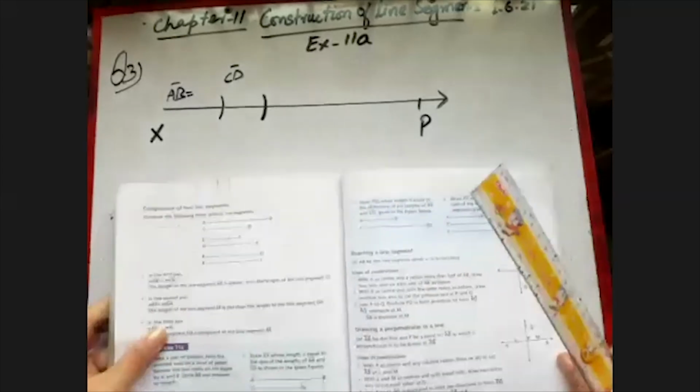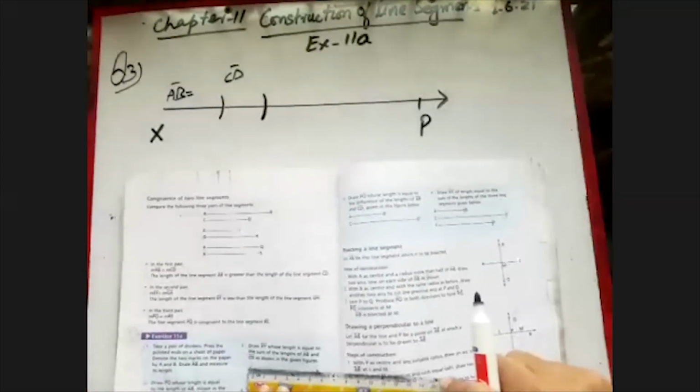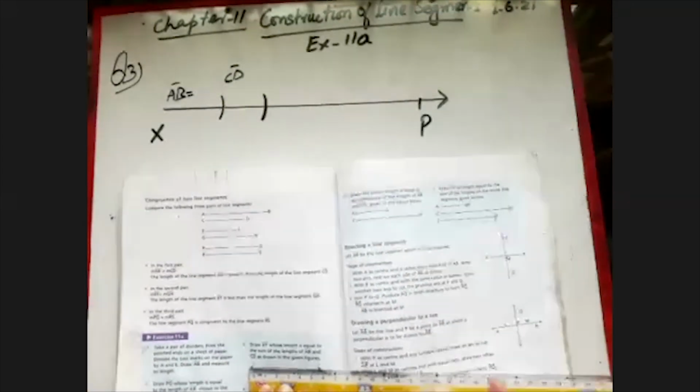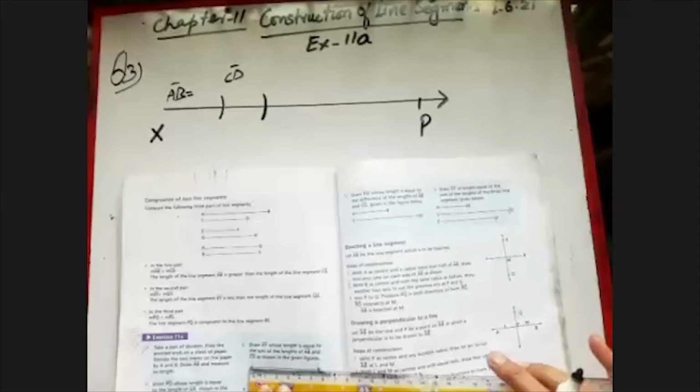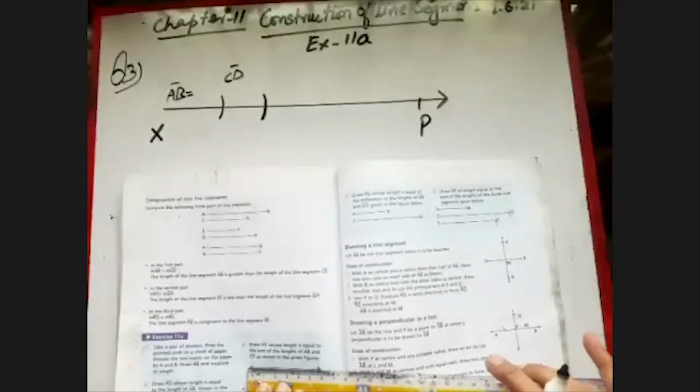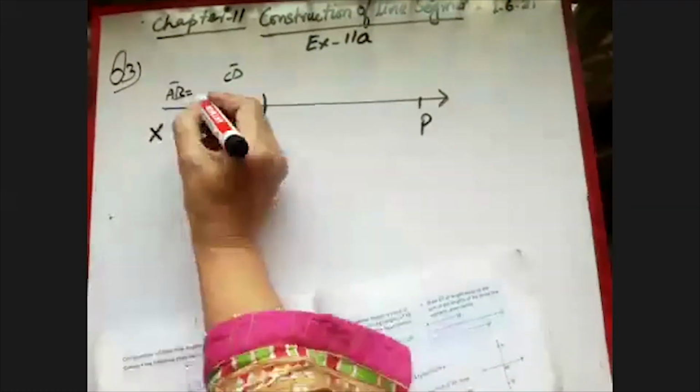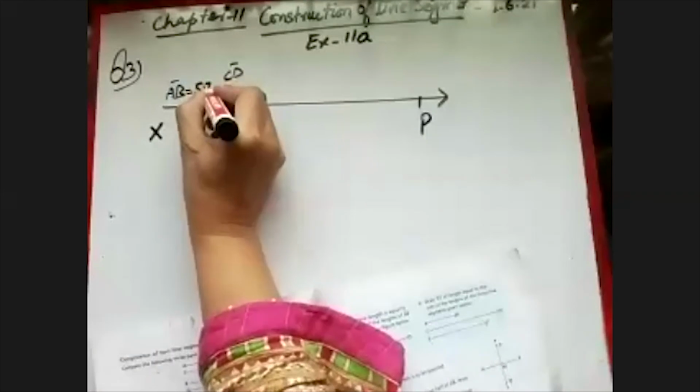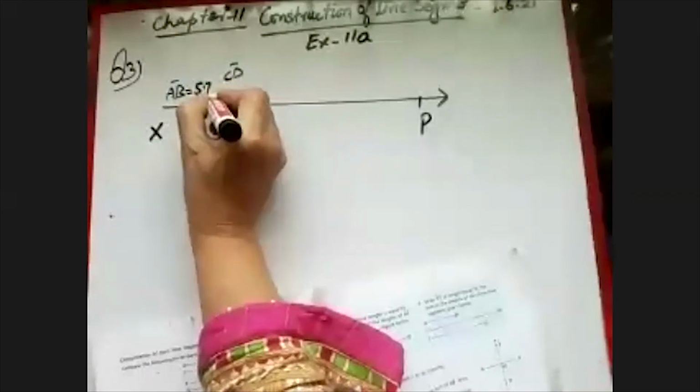Now I am going to measure both the lengths, whether in the book or on the page. You can measure by putting the 0 end of the ruler at A and measure the length of line AB, which is 5.7 centimeter.